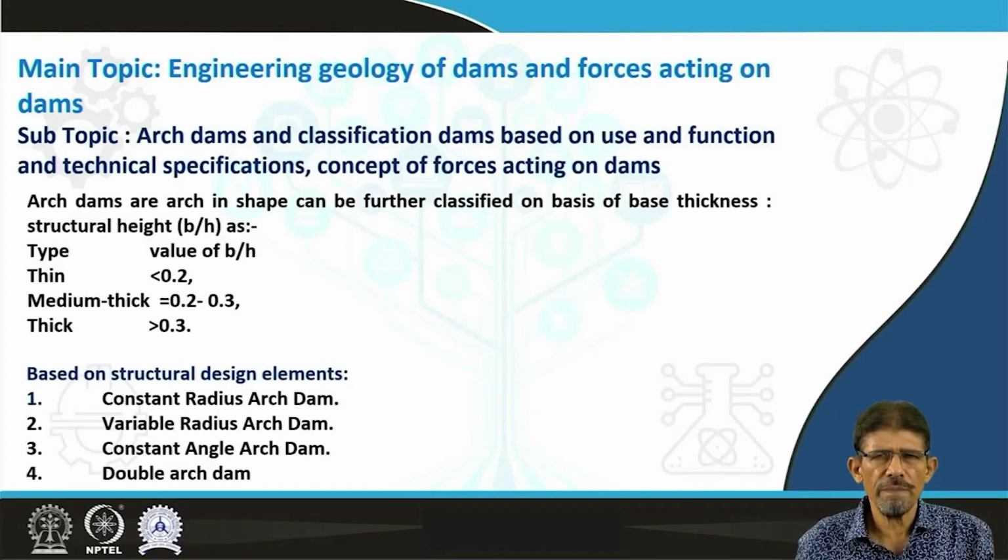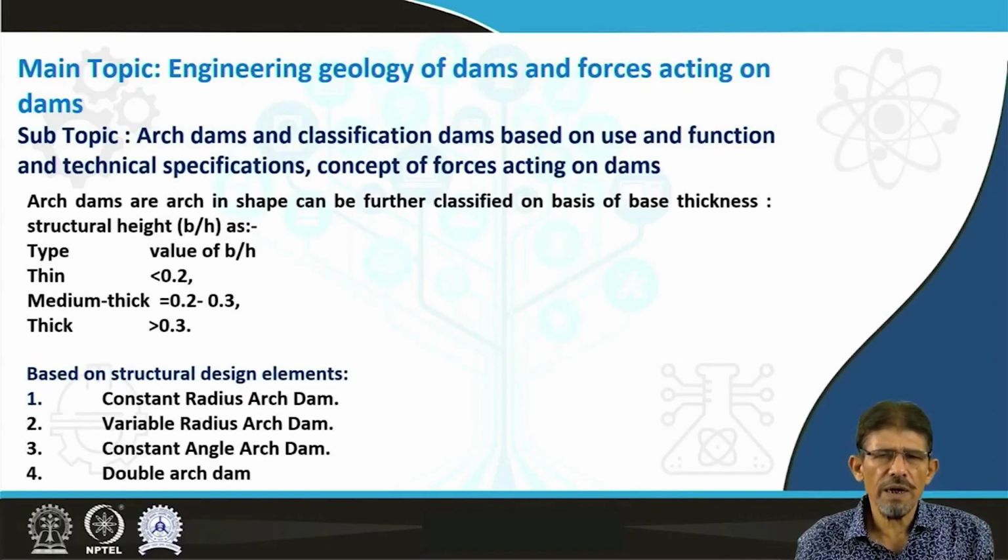Thin dam, based on B by H ratio, where B represents width and H represents structural height, is less than 0.2, then medium or moderate type of thick dam ranges from 0.2 to 0.3, and thick dam has more than 0.3.